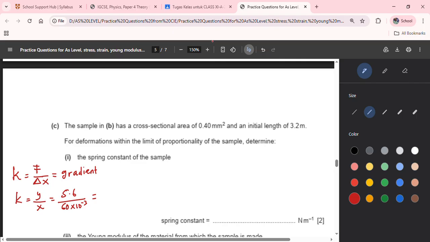If we divide them, 5.6 divided by 60 minus 3, the answer is 93.3 Newton per meter.